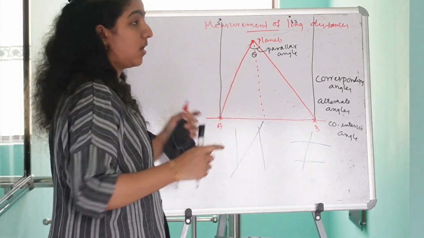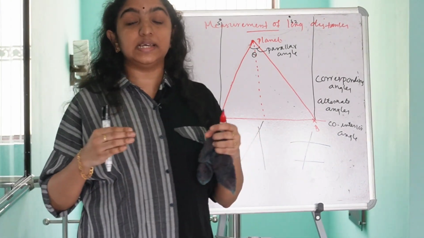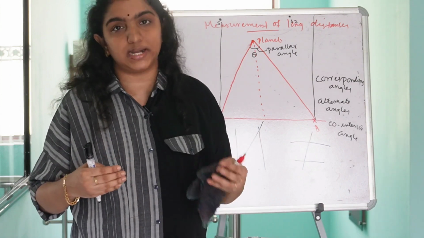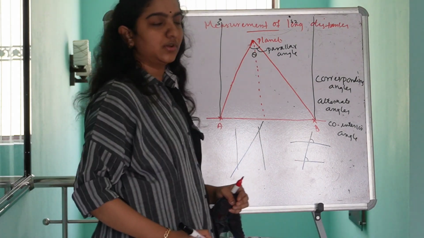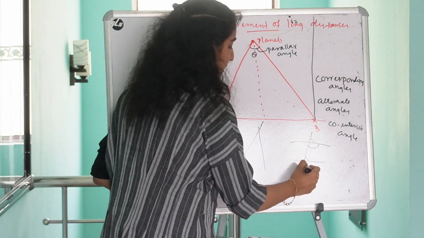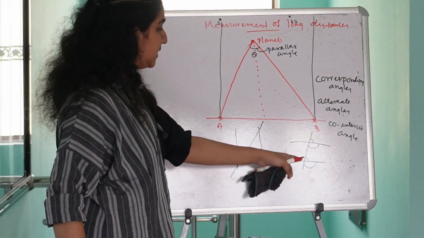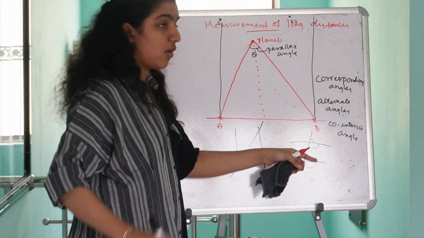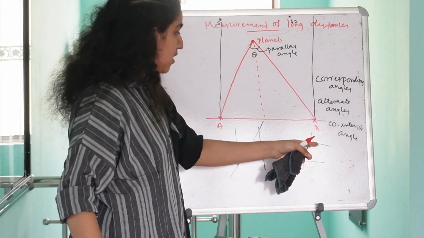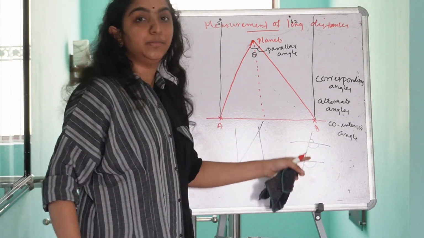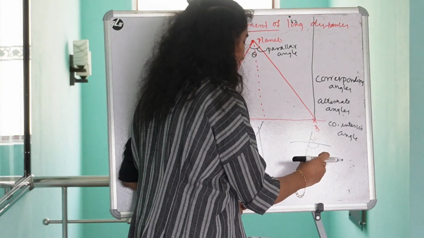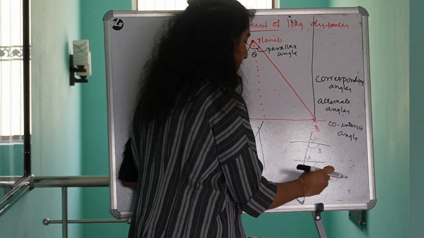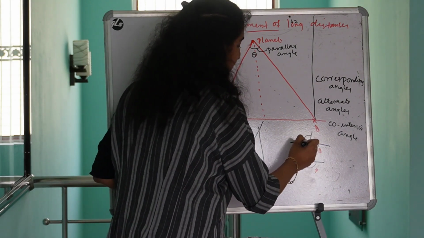Angles formed at the same side of the parallel line, that is either above the parallel line or below the parallel line. Either the angles formed above the parallel line or the angles formed below the parallel line. Like this, angle A, angle B. Similarly on the other side also.